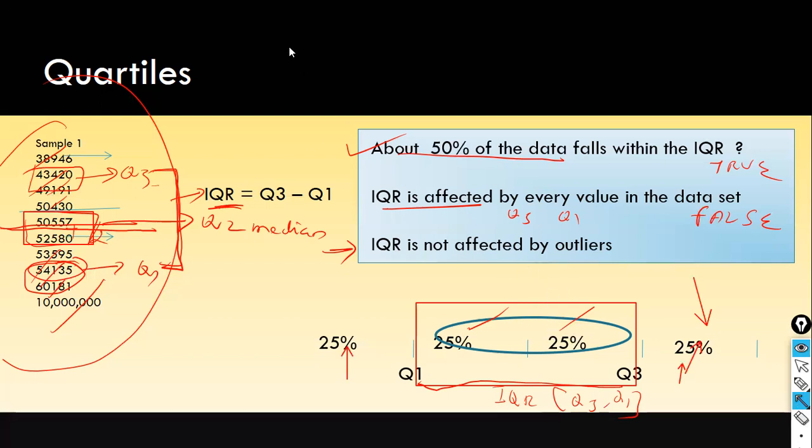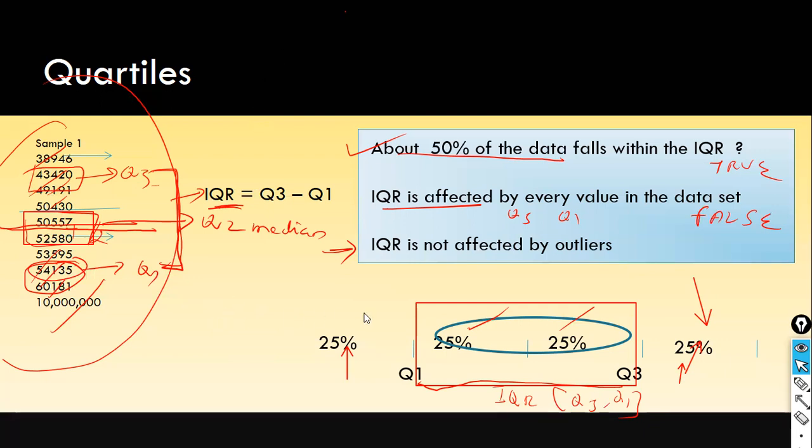What is the outlier here? Can all of you type it in the chat window? Yes, it is true, IQR is not affected by outliers. What is an outlier here, guys? Come on, the outlier is very obvious.